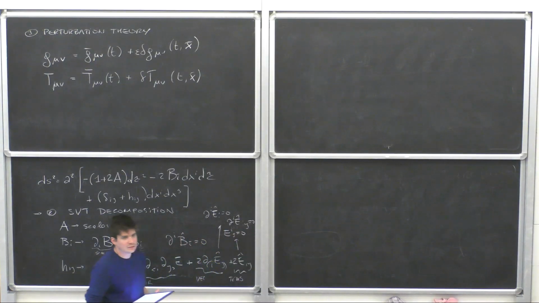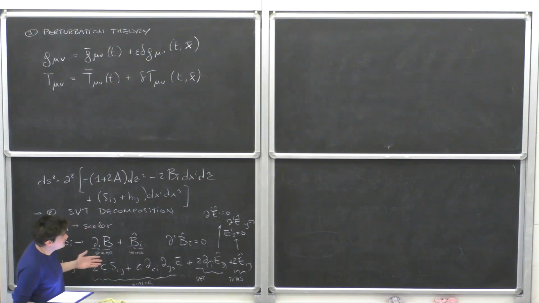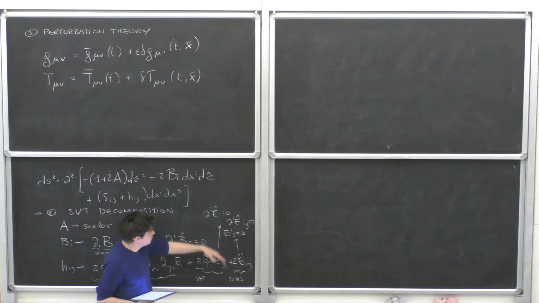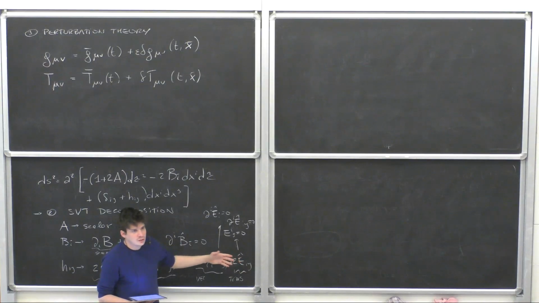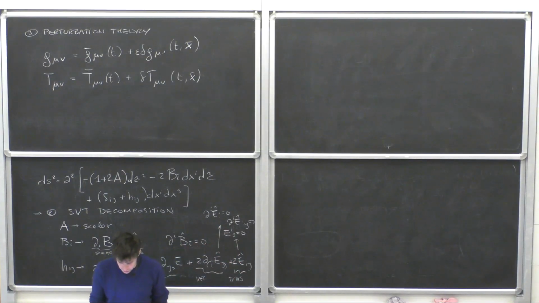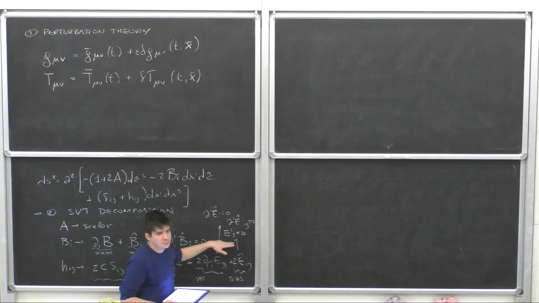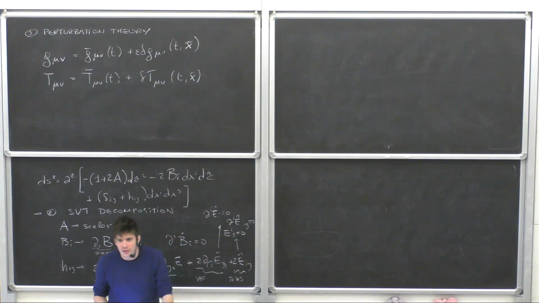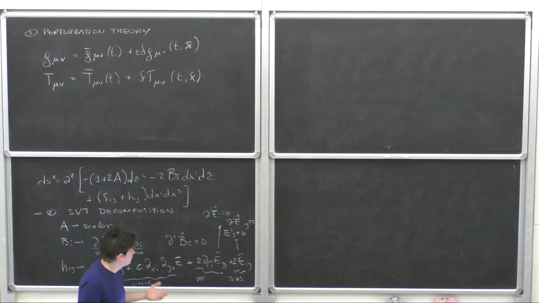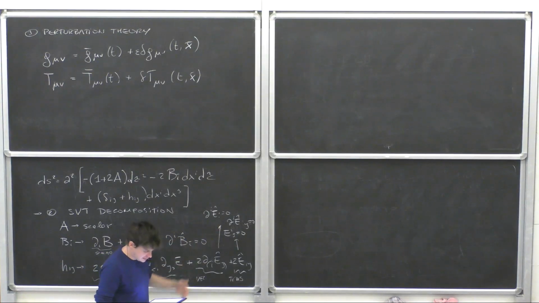So this basically tells you why we wanted to build this split, to isolate the degrees of freedom that we have. And this is the usual thing you would do, for example, when doing gravitational waves, where you find that your tensor components are traceless.